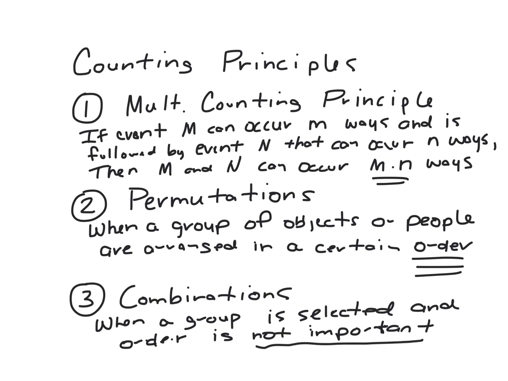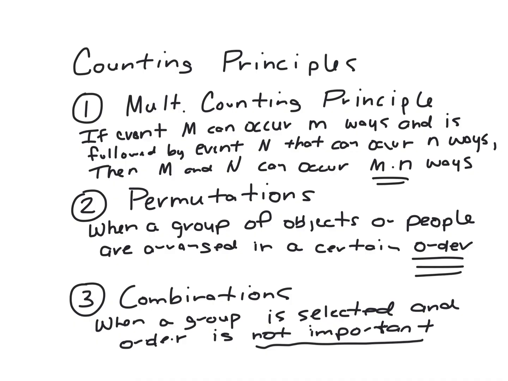Algebra 2 students, today we're going to learn about some different counting principles. These are types of ways that you can count the number of ways that something can be done. The three principles we're going to talk about, number one is the multiplication counting principle, which says if event M can occur M ways and is followed by an event N that can occur N ways, then M and N can occur in M times N ways.